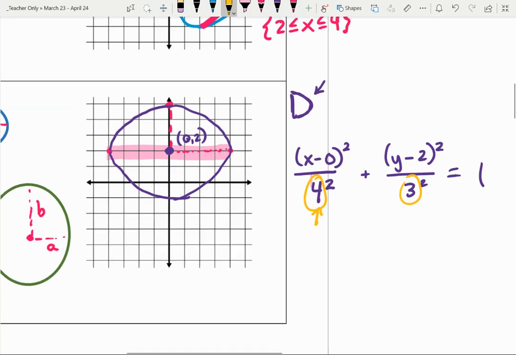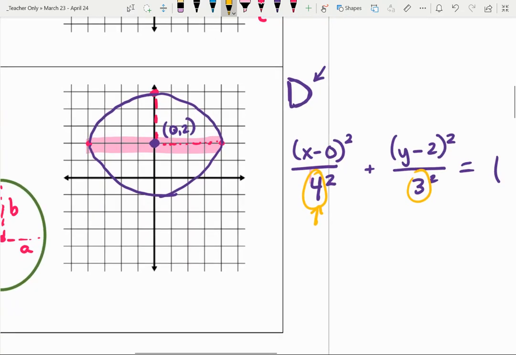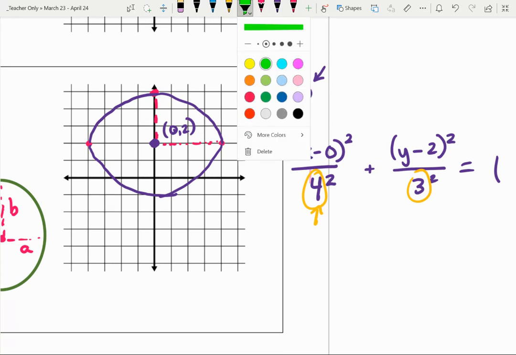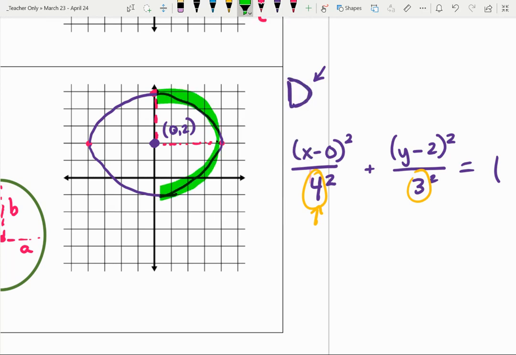If I needed to cut this off using a domain restriction, if I only wanted to show the right-hand side of this, if I was making the letter D or something like that, I could restrict that by saying let's restrict x between 0 and 4, and it would cut off everything else.